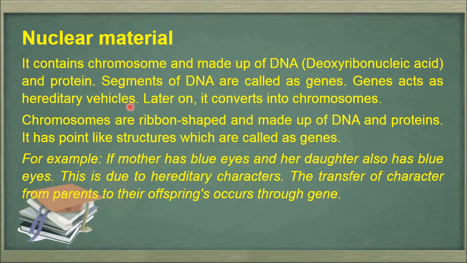It is the genes which handle the characters in living organisms. Later on, it converts into chromosomes. Chromosomes are ribbon shaped and are made up of DNA and proteins. They have point-like structures which are called genes.